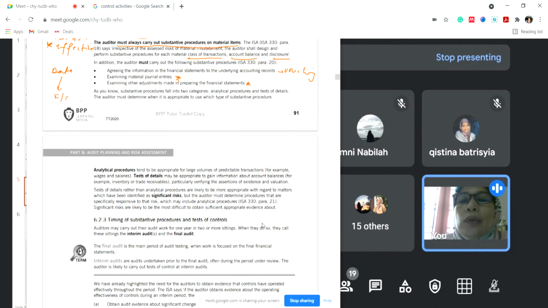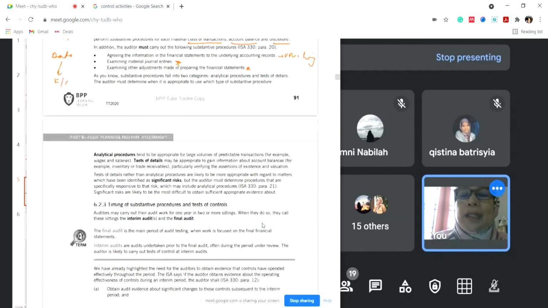So I want you to study how the system generates the financial statement. Sebab dalam audit nanti, chapter yang seterusnya, you must know the process of the system, bila kita belajar on the application part nanti. So I tak nak lagi kata tak tahu. This part, journal entries, is very important.